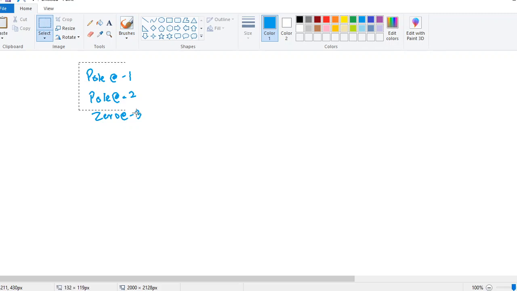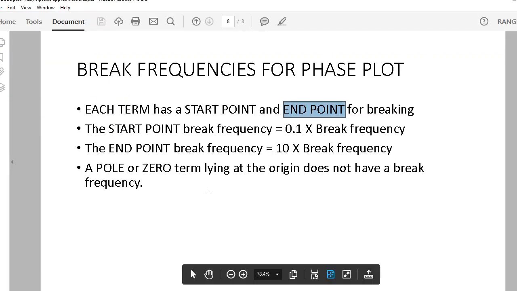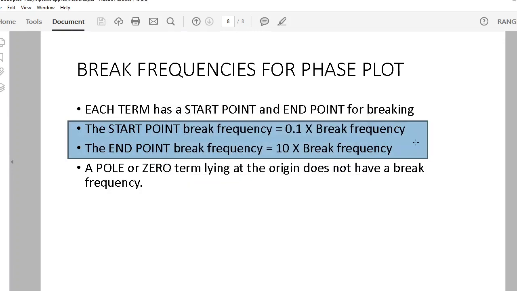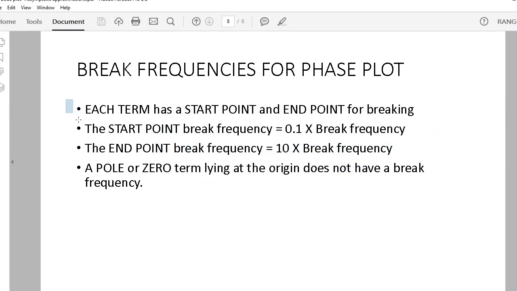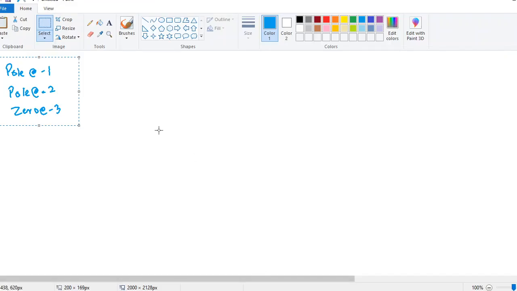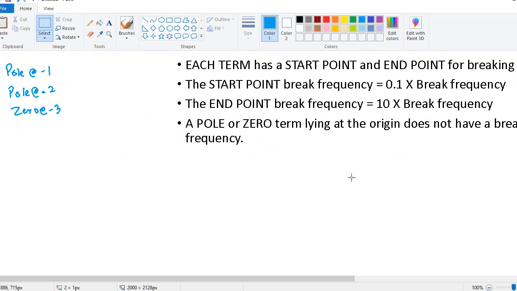So let's just bring that table that we have here to determine the start point and the end point. So let's just take these two terms. Let's in fact take the whole thing, and bring it here so that we can use it as reference when we are doing our work. Okay. Right, so there we have it. So each term has a start point and an end point.